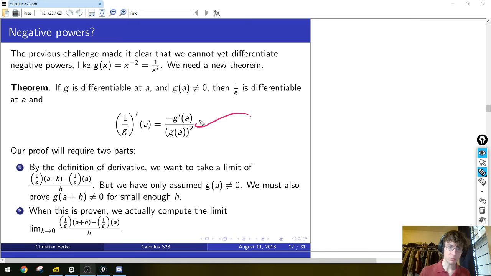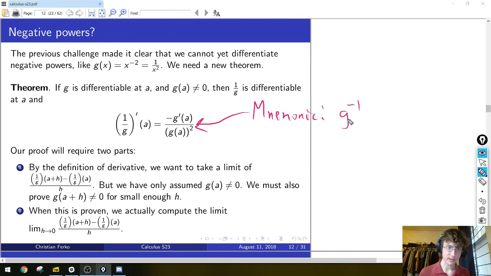A mnemonic to memorize this. I will emphasize that the sentence I'm about to say is not an explanation for why this is true. We still have to prove this, but it is a mnemonic. The mnemonic to memorize this is that if you think of this as the left side 1 over g, writing that as g to the power minus 1, right?